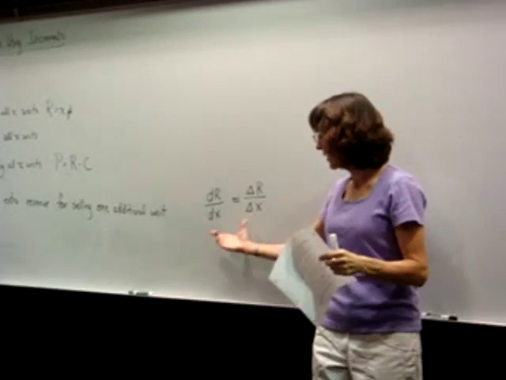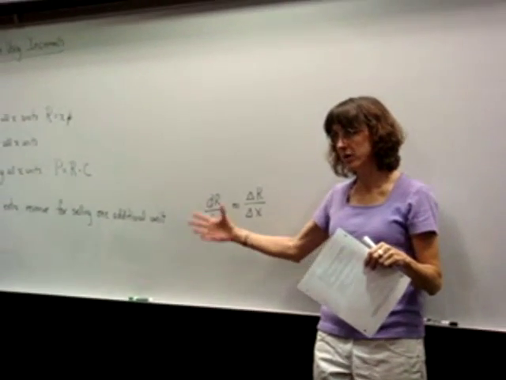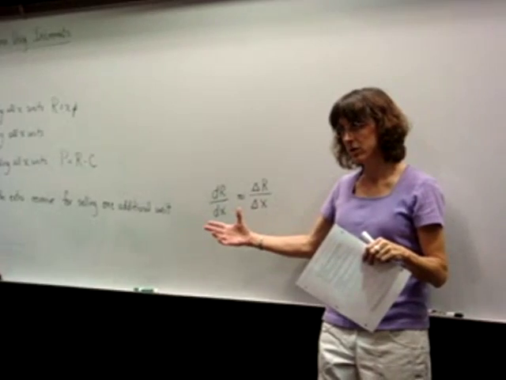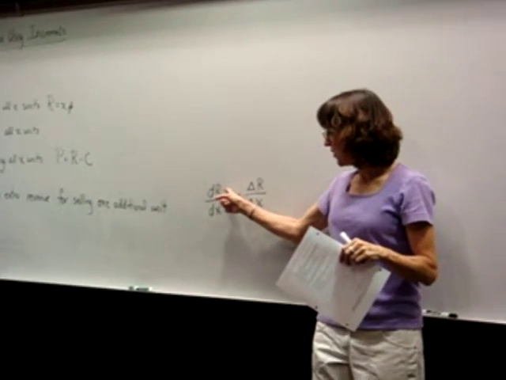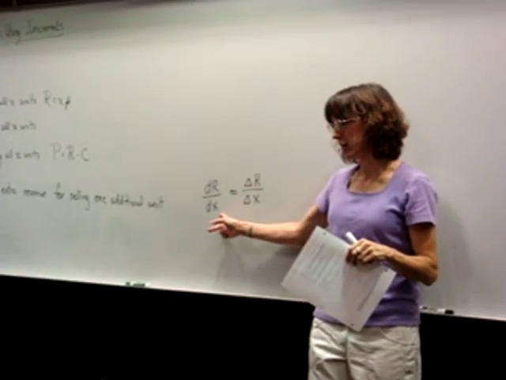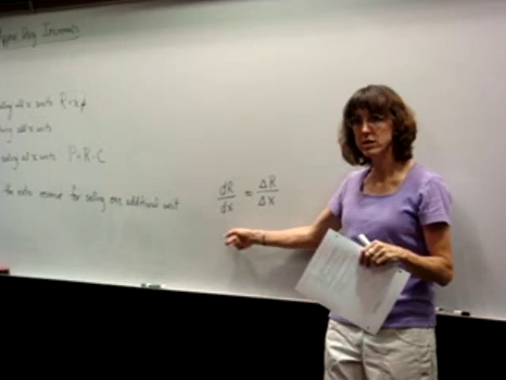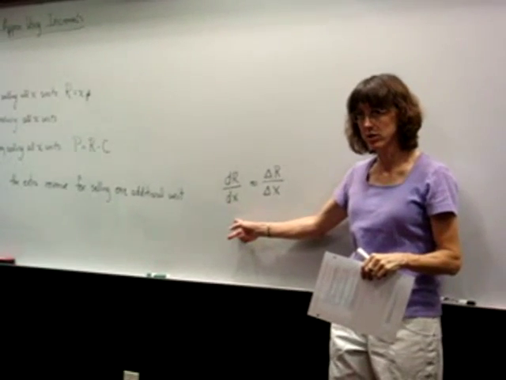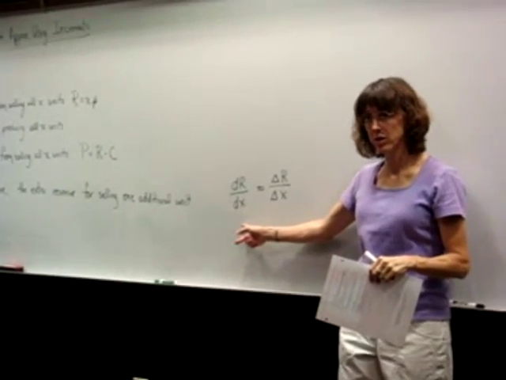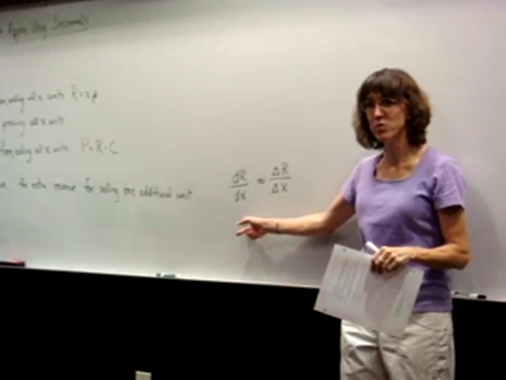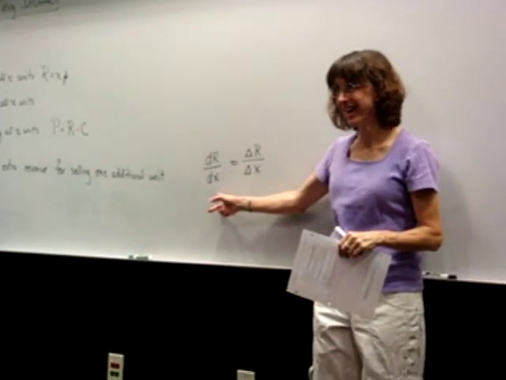And that's kind of the heart of the idea behind marginal analysis. The derivative of revenue with respect to X is the instantaneous change. You can make a movie out of it.